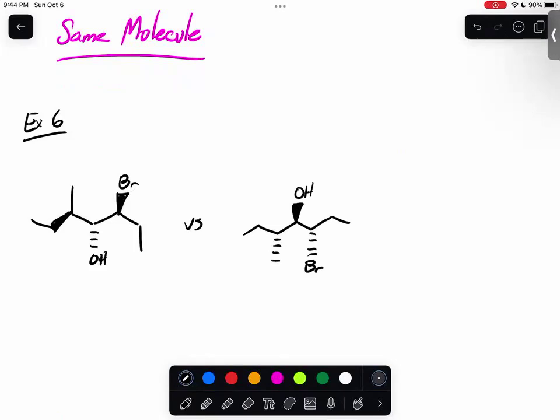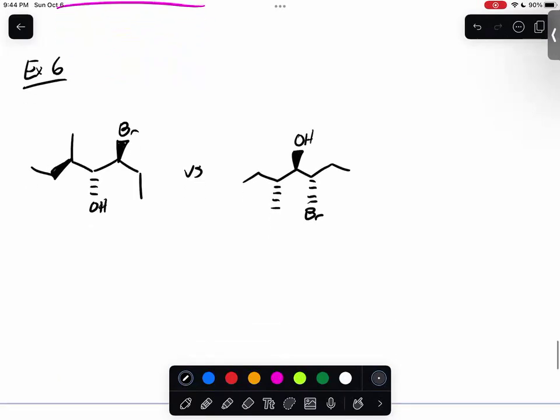Well, looking at these, we can ask what's the molecular formula in both. We see one, two, three, four, five, six, seven, eight carbons in the first example. There are eight in the second one as well. There's a bromine and oxygen. These have the same molecular formula.